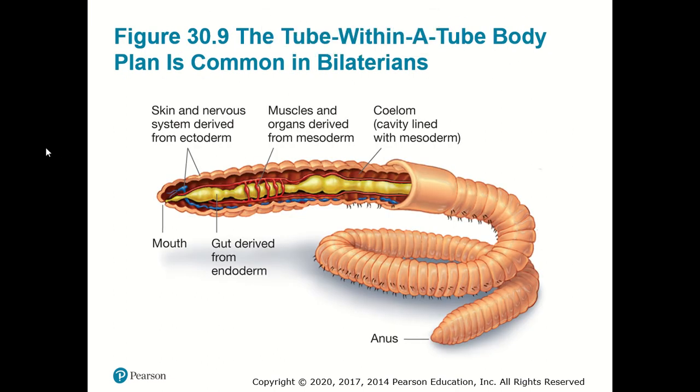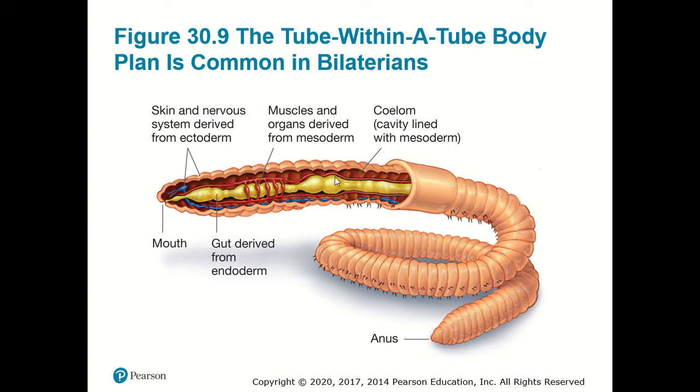Another innovation within animals is the coelom. Coelomates are characterized by having a coelom, and what a coelom is, and you're looking at it here in this worm diagram, is essentially the space which is fluid filled in between the gut or the GI tract and the outside of the animal.